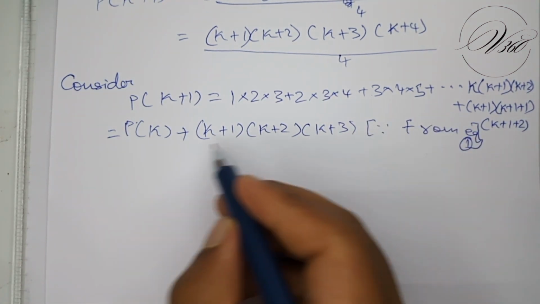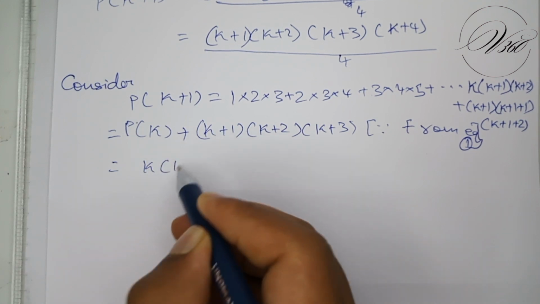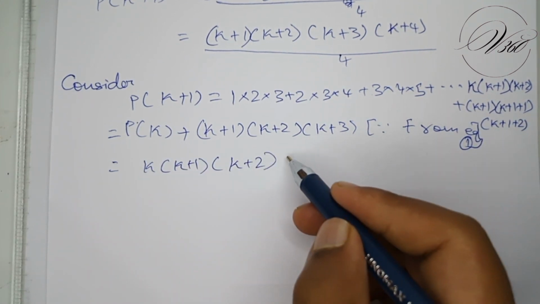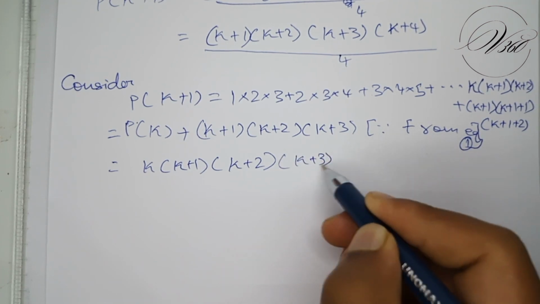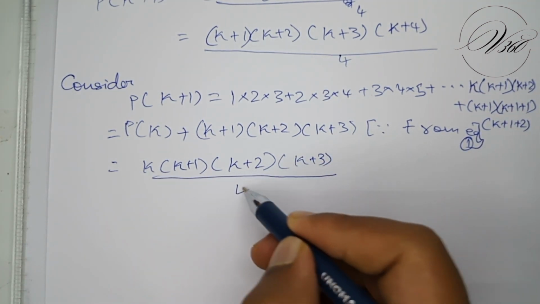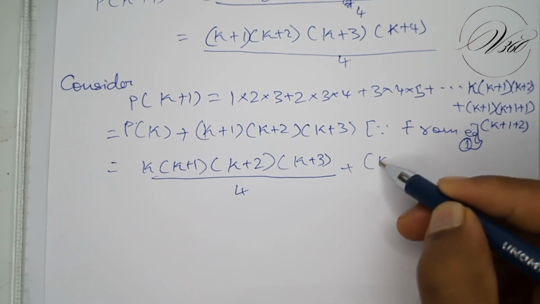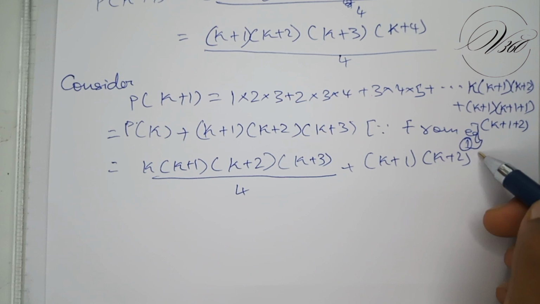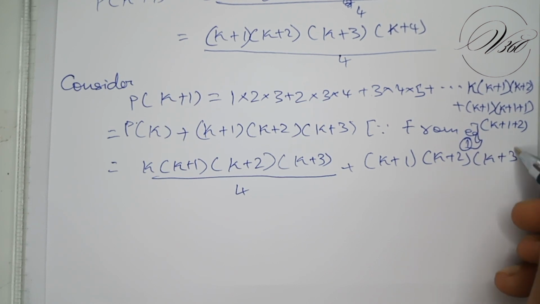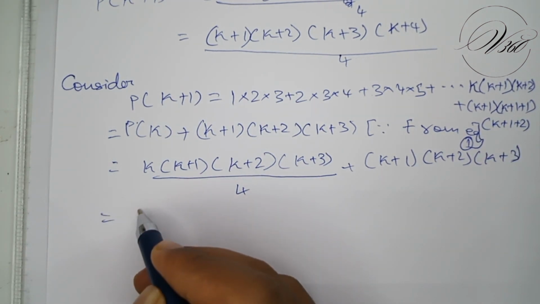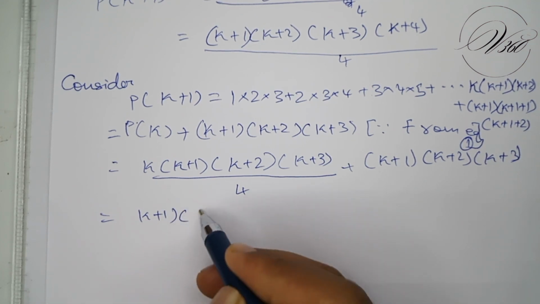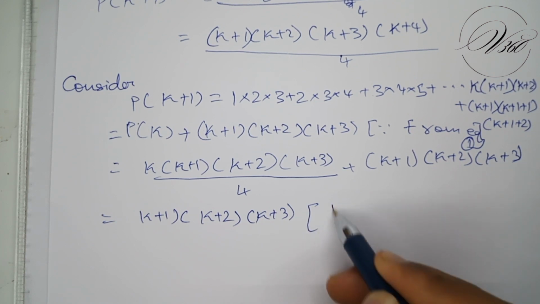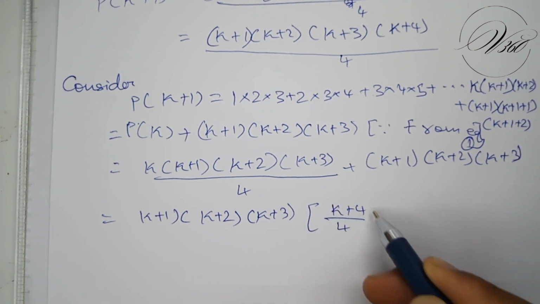Okay, here equals to k of k plus 1 of k plus 2 of k plus 3 by 4 plus k plus 1 of k plus 2 of k plus 3, which is equals to k plus 1 of k plus 2 of k plus 3 of k plus 4 by 4.